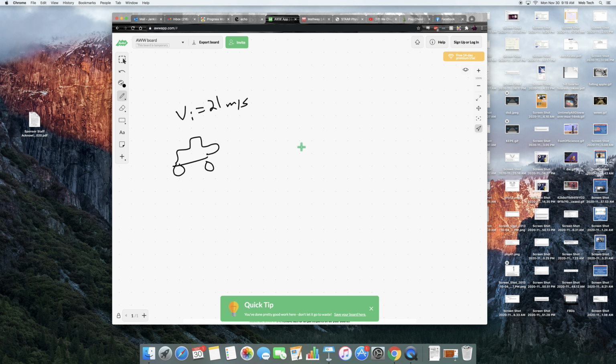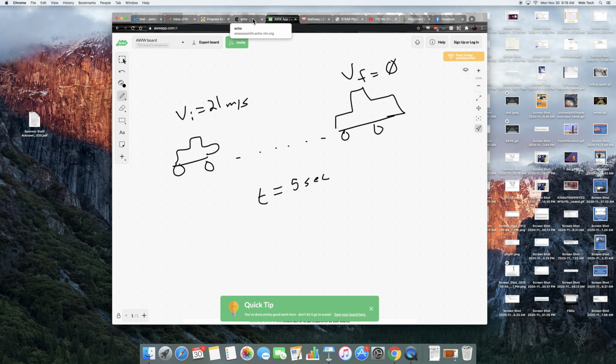It slows to a stop. So after 5 seconds, it's going to slow to a stop. What is its final velocity? You should see that it is 0, right? So its initial velocity is 21. Its final velocity is 0.